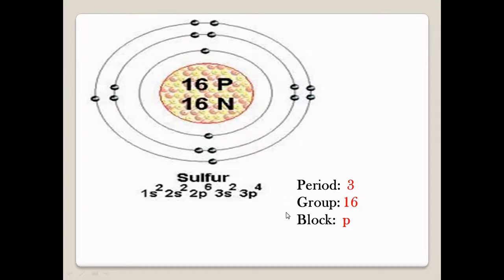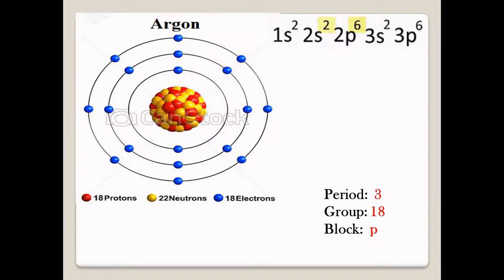Let's see another example, that is argon. For argon, there are 18 protons, 18 electrons and 22 neutrons. Okay, so let's see the electronic configuration: 1s2, 2s2, 2p6, 3s2, 3p6.